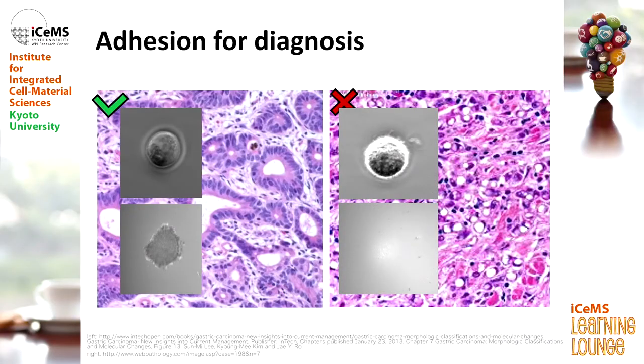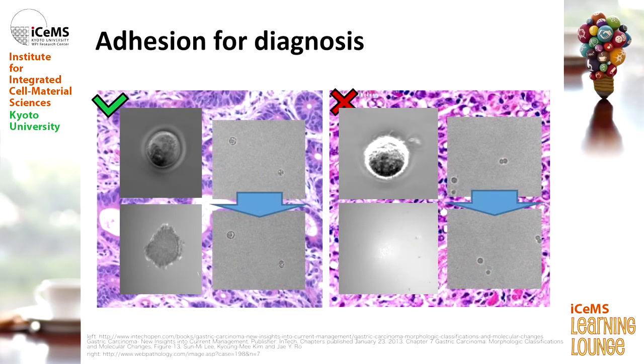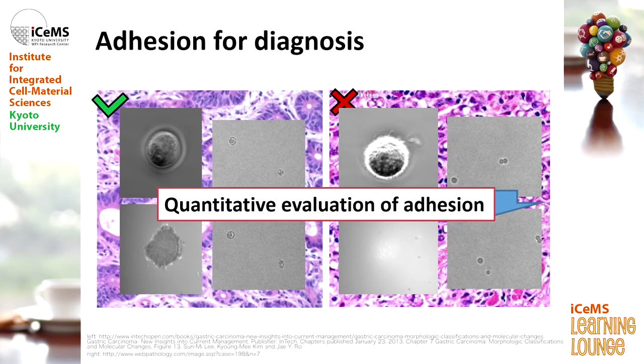But as I showed today, the adhesion can be visible and measurable. And the advantage of these techniques is that it's possible to characterize the adhesion with a number. So those techniques were quantitative. So we expect that this will improve the accuracy of the diagnosis by looking at the adhesion of single cells.